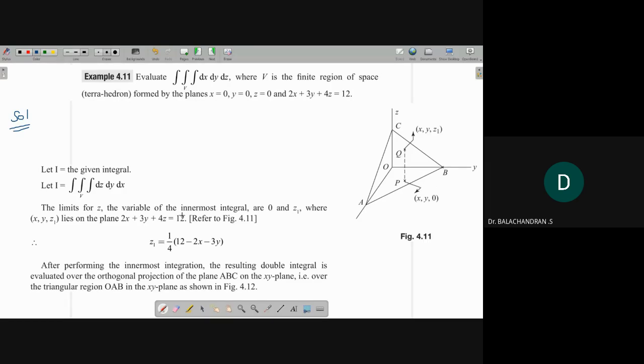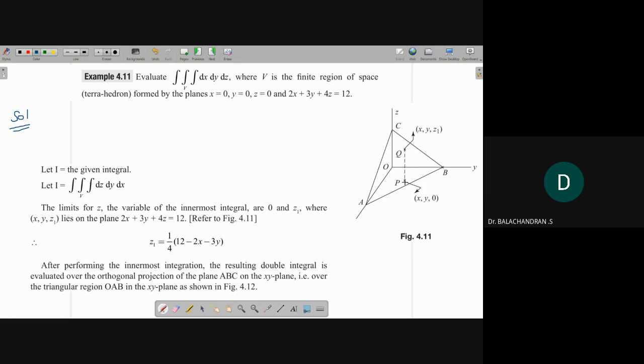So in this problem, we need to evaluate the triple integral over dx dy dz. The order can be either dx dy dz or dz dy dx, but here I am going to first integrate with respect to z. So the innermost integration is z.